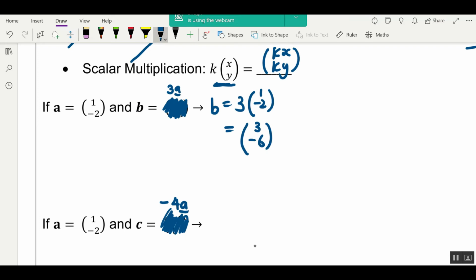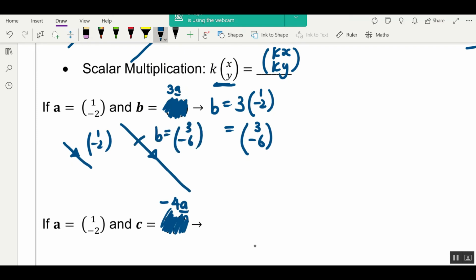Geometrically, what does it mean? Let's say A is this 1, -2, at this length. 3A just means it is 3 times A. So B, which is equal to 3, -6, means that there are 3 of A, and they are pointing in the same direction.